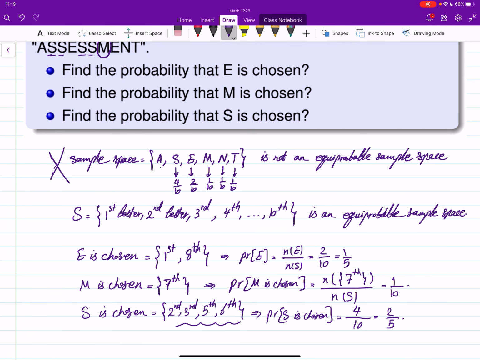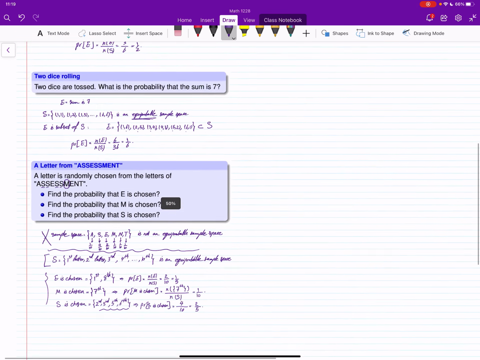And yes, A also has 1/10. As you can see, they have different probabilities, and that's another confirmation that what we started with was not an equiprobable sample space. But when we fixed the equiprobable sample space, everything was easy to calculate.